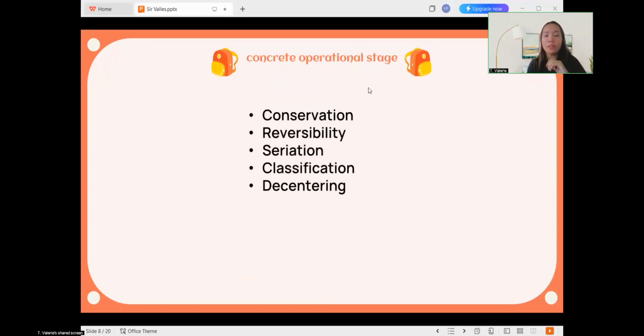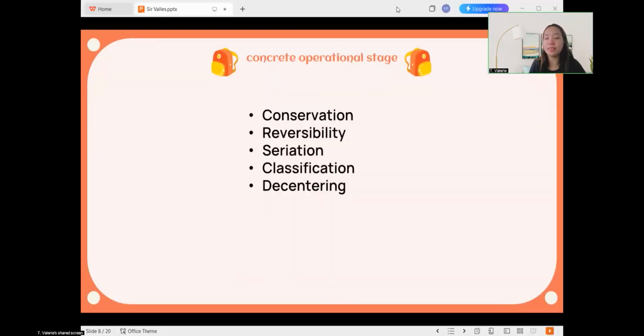Let's have the reversibility. In reversibility, in this stage, your question about 1 plus 2, even if you reverse it, the child can now answer that it's 3.